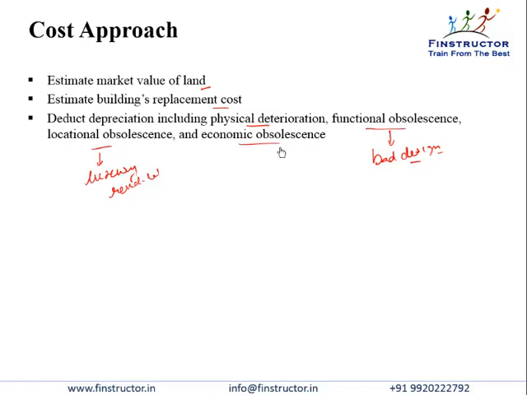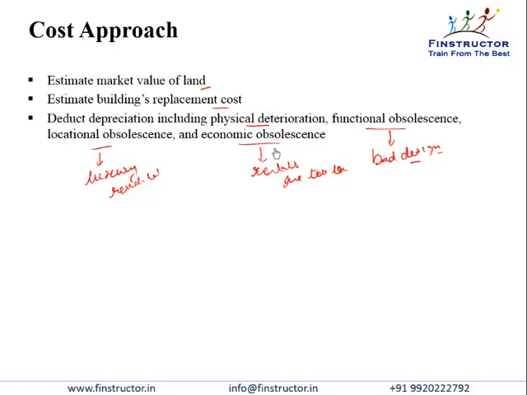So some discount for physical deterioration, depreciation because of any functional obsolescence that may have happened, any locational obsolescence, or simply some economic obsolescence. Economic obsolescence happens when the rentals have become too low. So even though the cost of land is high and the cost of construction also may be very high, that is, the cost of manufacturing may be very high, but if demand is not there, then you may have to sell the building at a loss, just like we sometimes have to sell products at a loss.